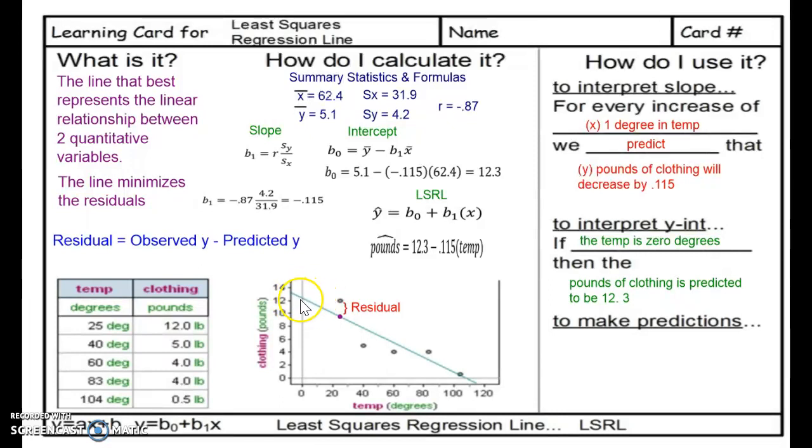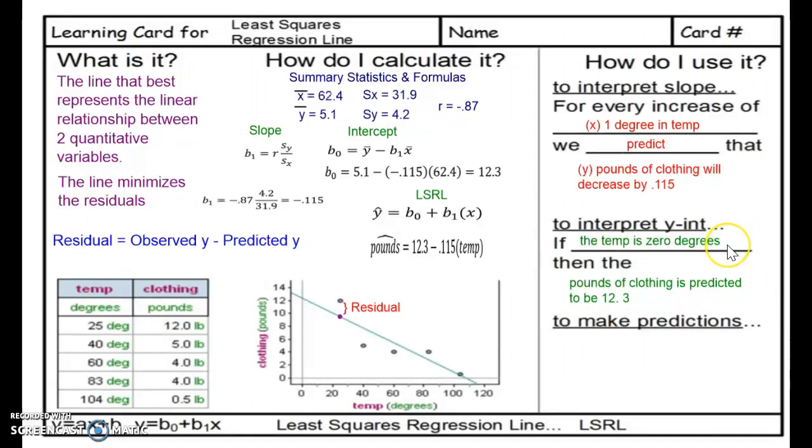It is possible that the temperature could be 0 degrees, but in some cases, it's impossible for your explanatory variable to be 0. So for example, if I was looking at a person's height compared to their weight, well, I wouldn't want to interpret the y-intercept as, if a person's height is 0 inches, then their weight is whatever.